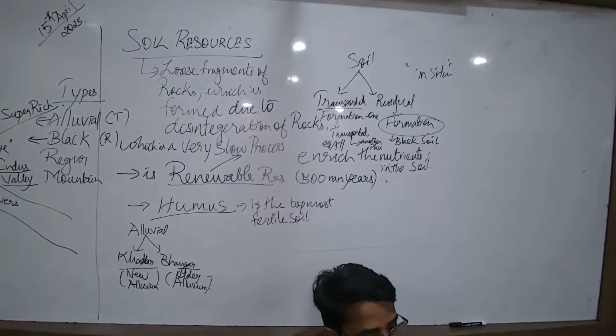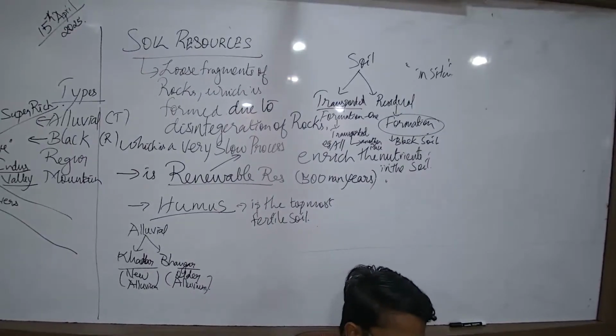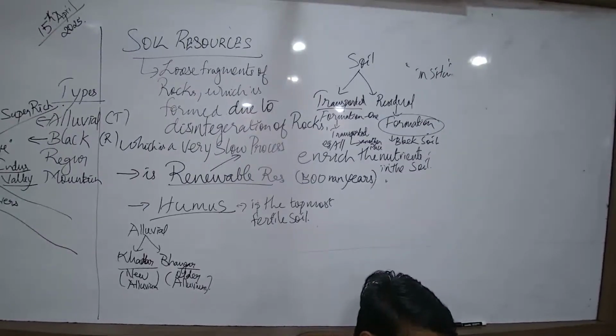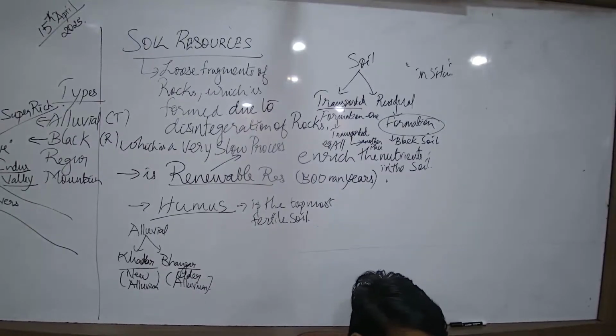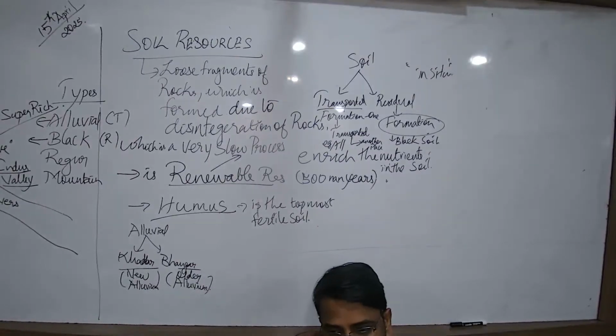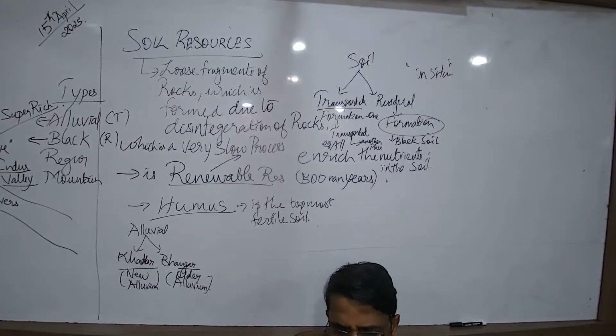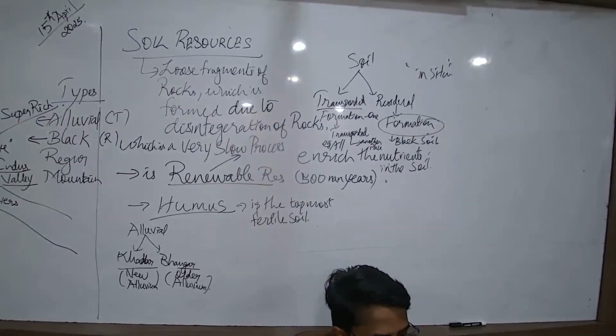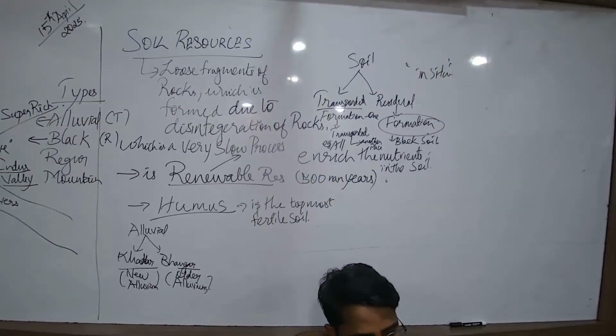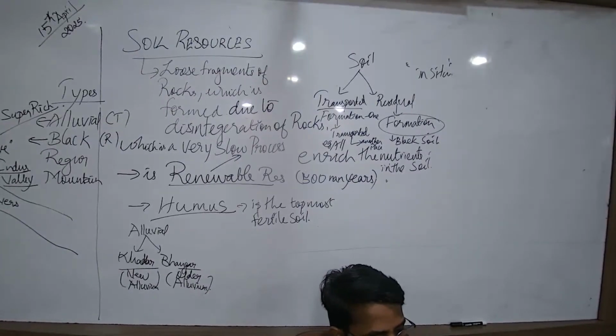Next, out of the total land area, 45% it covers. See, this is the soil with the largest area. Next, supports variety of crops and population.